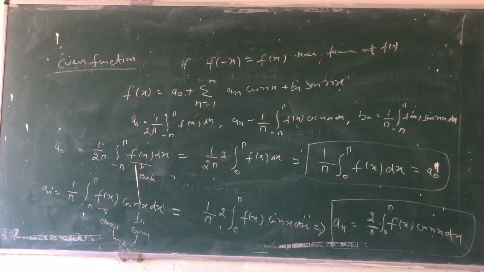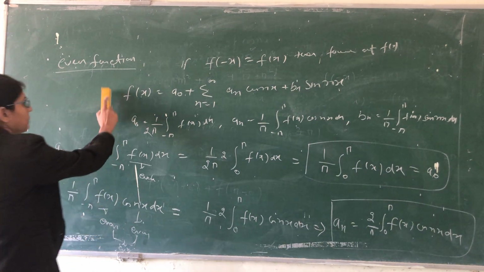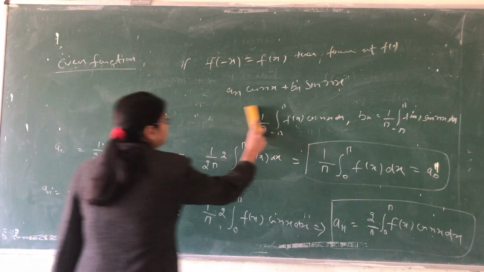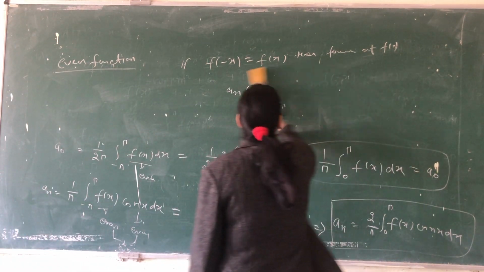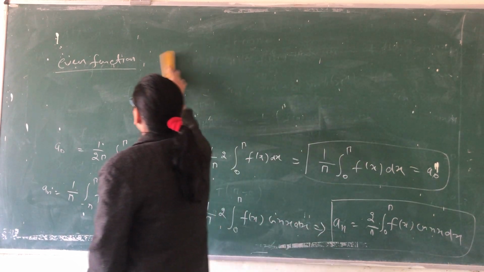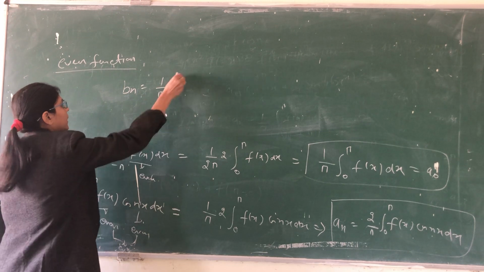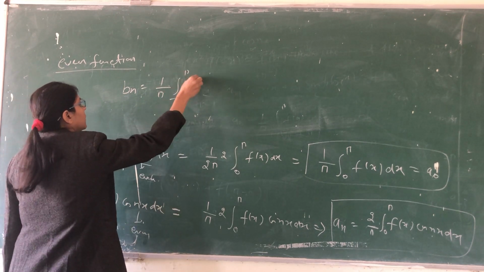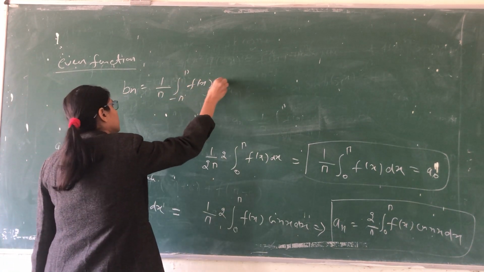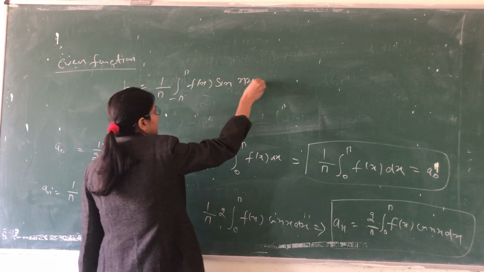Clear है? Now similarly, what will be your bn? Bn equals to 1 upon pi minus pi to pi f of x sin of nx dx.